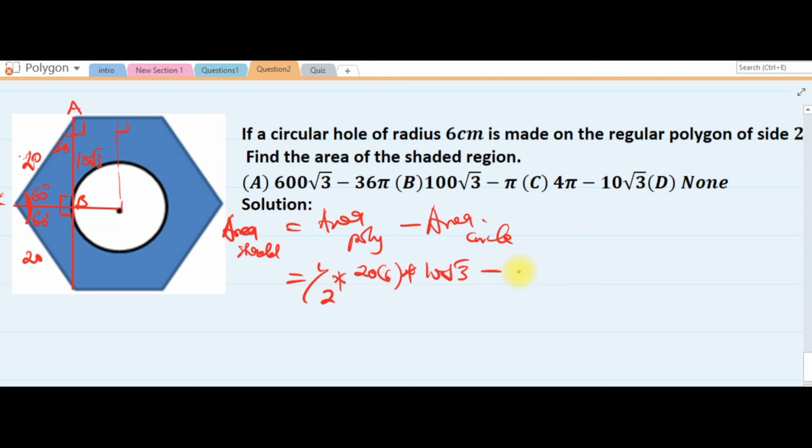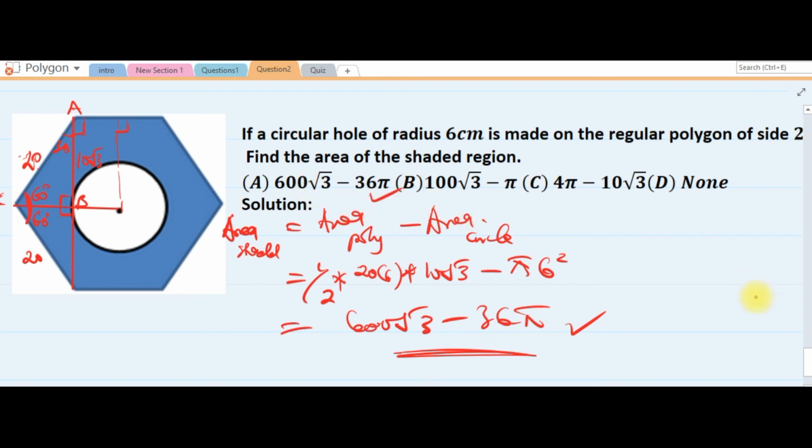While the area of the circle is pi r squared. As I'm seeing, the answer is in terms of pi. The radius is 6, so squared. So we have 600 root 3 minus 36 pi. That's our answer. That's the final answer. So the answer is A.